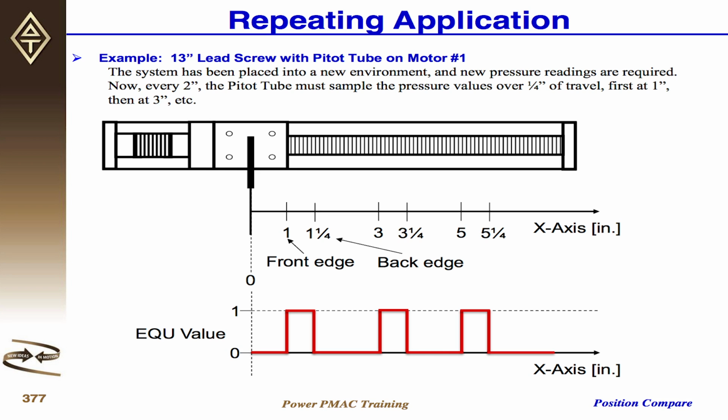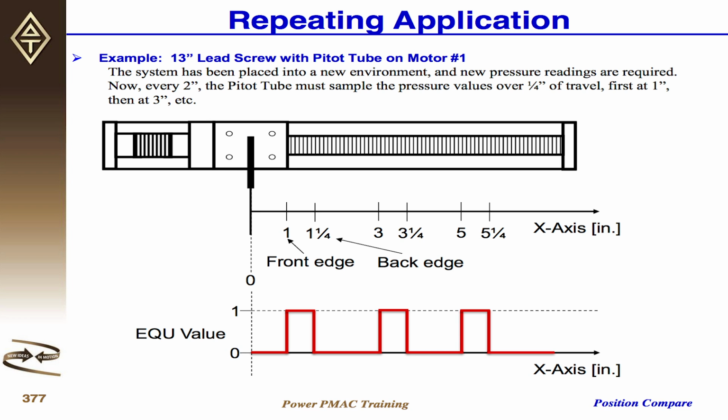For this next example, though, we're going to go with a repeating pattern. The pattern for this one will repeat every 2 inches, in which it will turn on, the pulse will stay on for 1/4 inch, turn off, and remain that way for another 1 3/4. So at 1 inch it turns on, 1 1/4 turns off, 3 inches on, 3 1/4 off, 5 on, 5 1/4 off, and on from there.